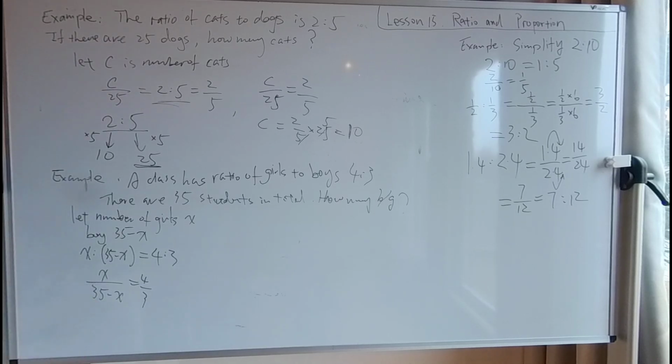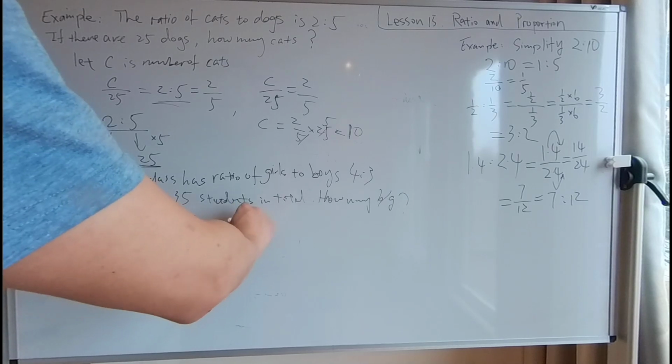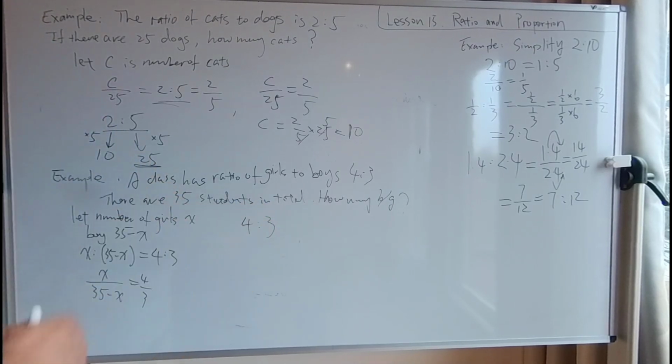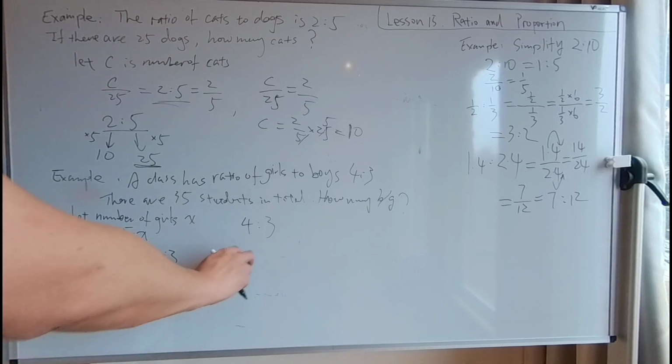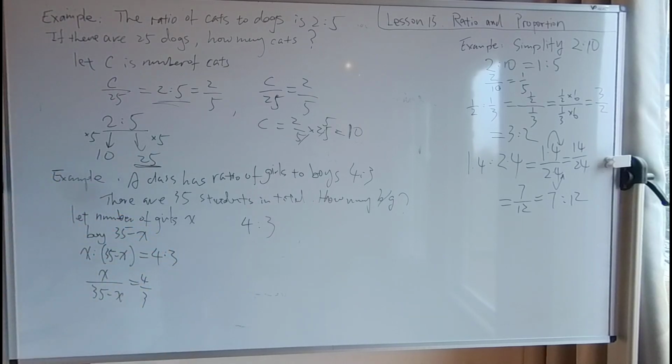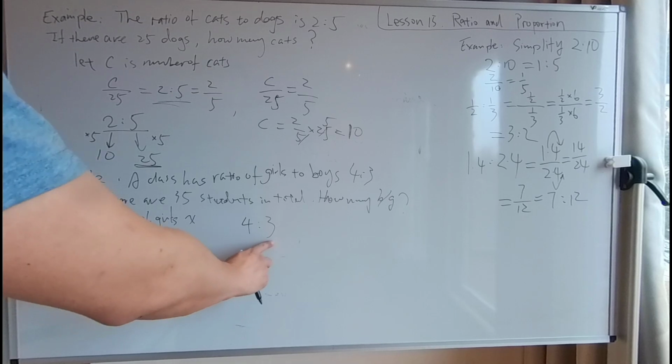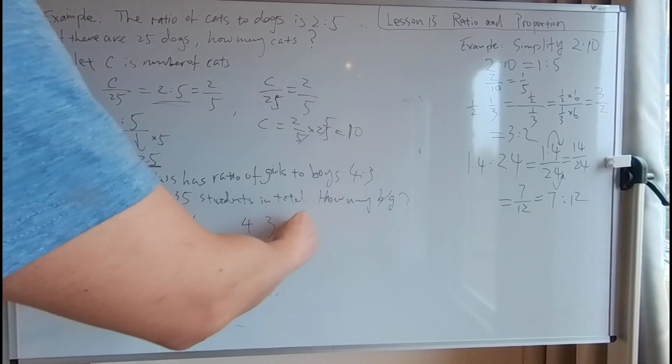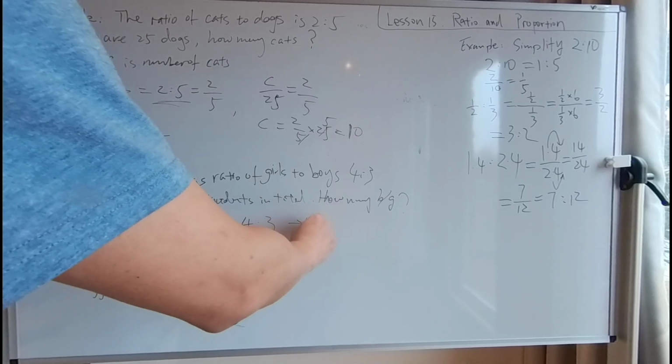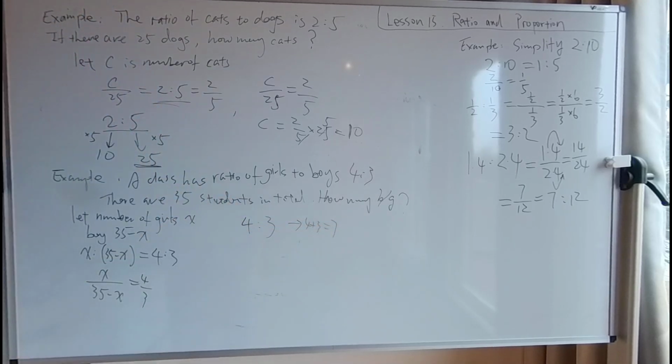I'll leave the rest for you to practice. And there's another, maybe faster way, similar to the way I showed in the previous example. If I know that the ratio is 4 over 3, even though I don't know the real number yet, I know that the relative quantity is 4 versus 3. So the relative total is 4 plus 3, which is 7.